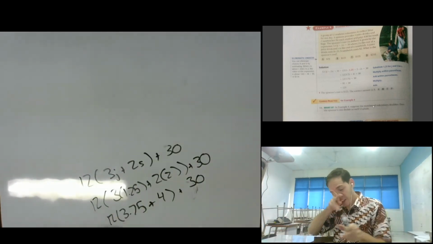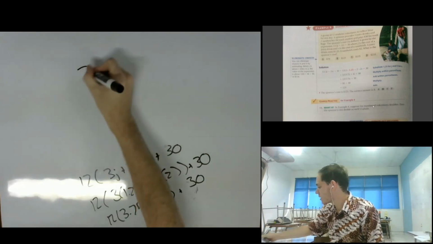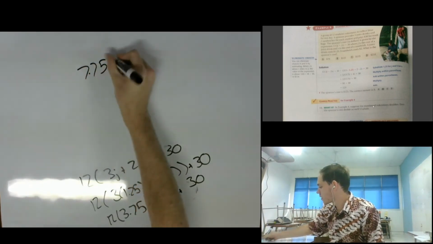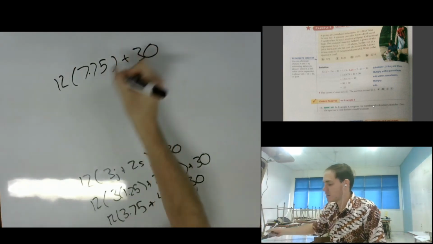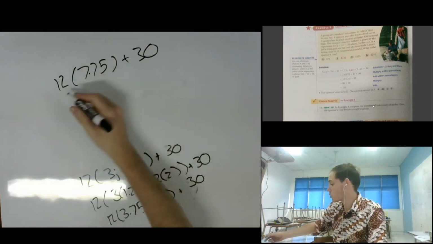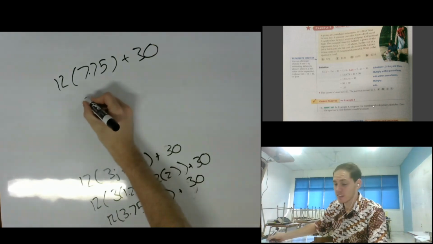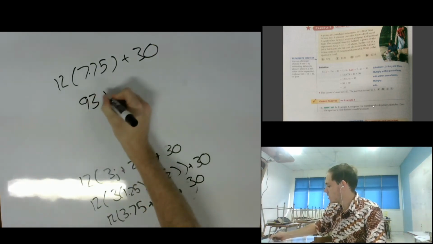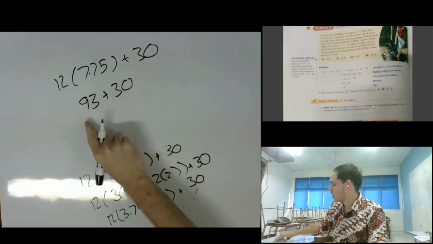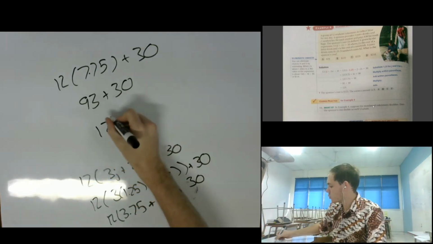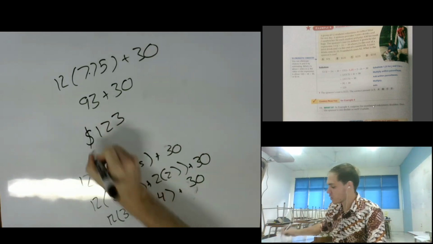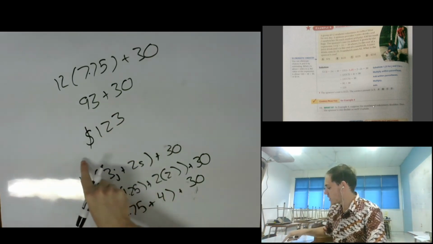Okay, 3.75 plus 4 is 7.75 times 12 plus 30. So 12 times 7.75 is $93 plus 30. So 93 plus 30 is 123. So again, guys, you finished it?